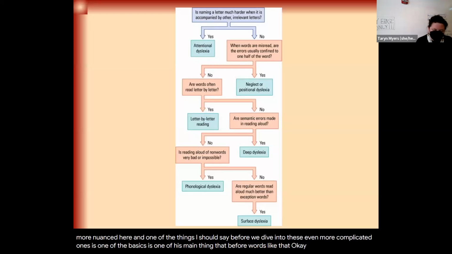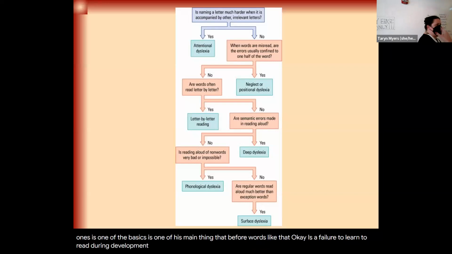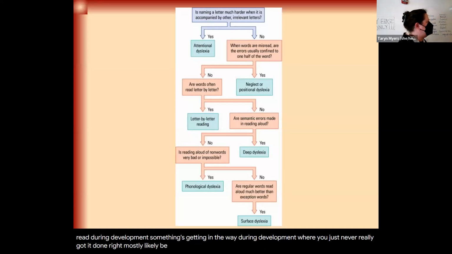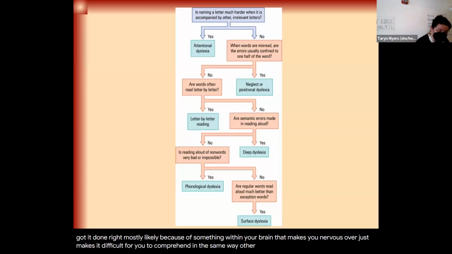Okay, so developmental is a failure to learn to read during development. Something's getting in the way during development where you just never really got it done right, most likely because of something within your brain that makes you neurodivergent, that makes it difficult for you to comprehend in the same way other people do.